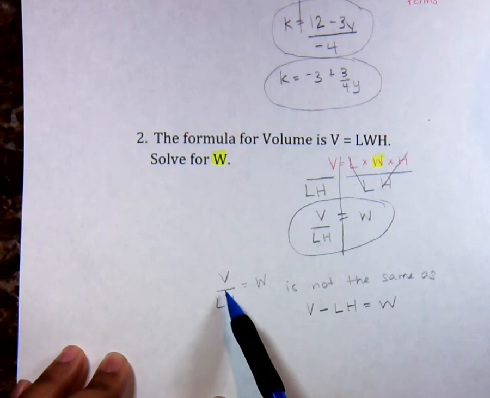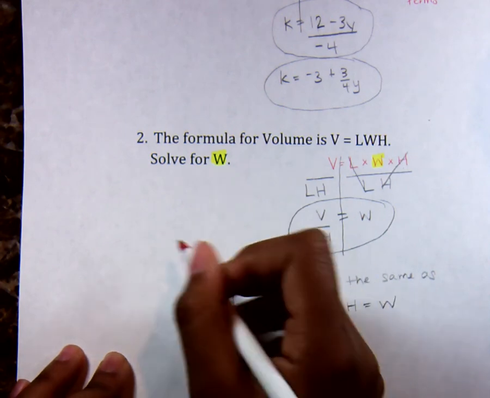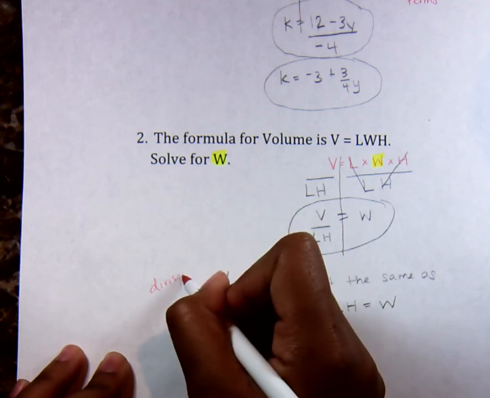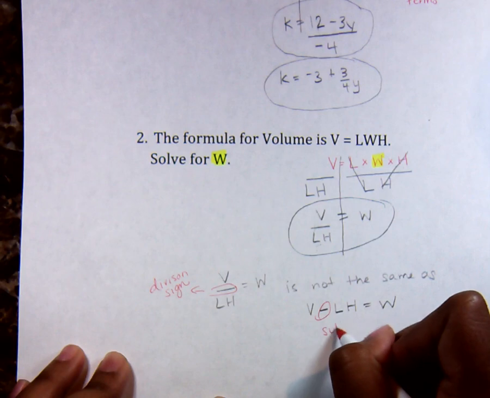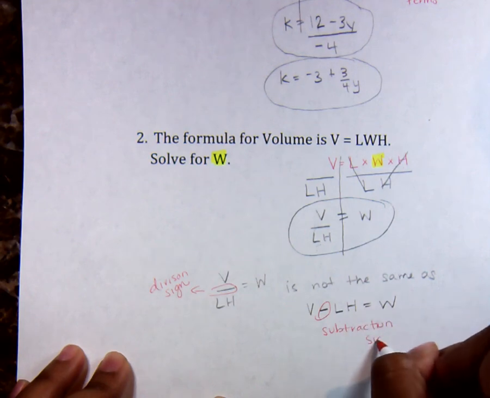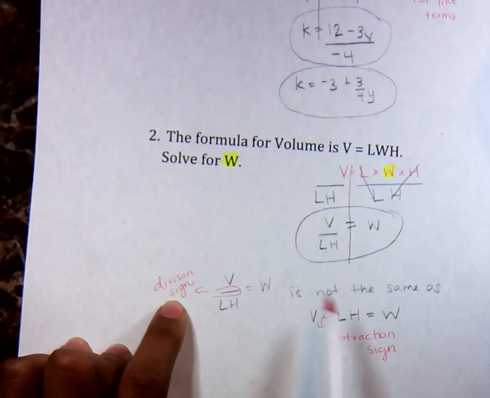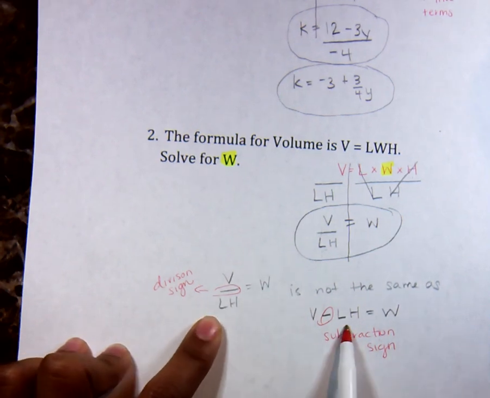The reason being is this is a division sign. And this is a subtraction sign. Because these are two different signs, the way you represent this first one cannot be represented the same way.